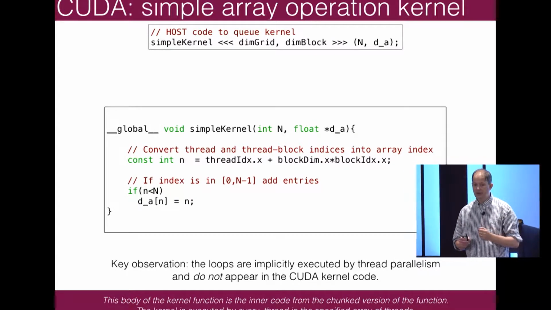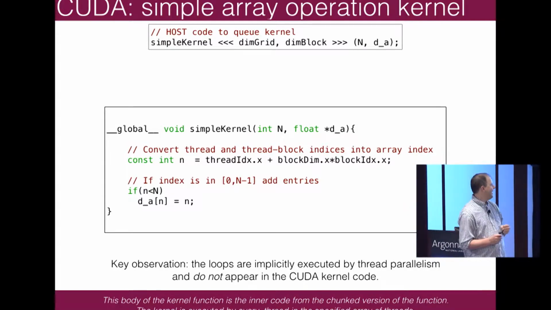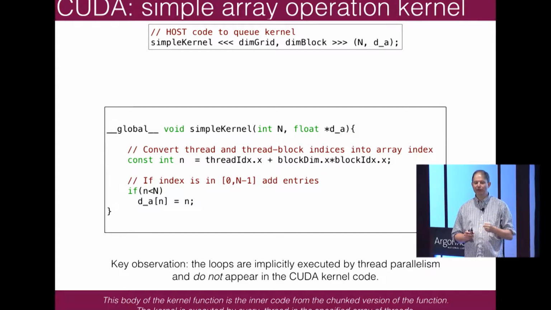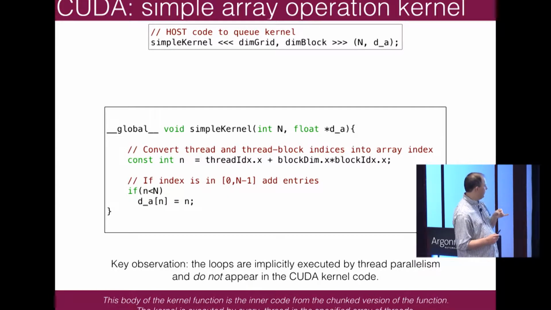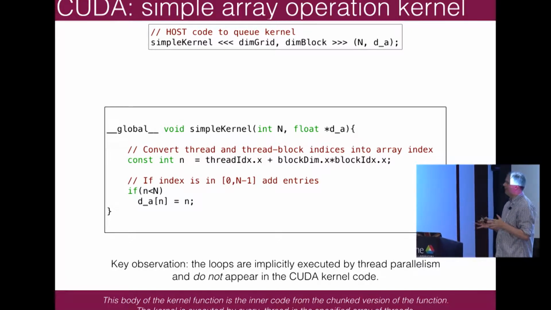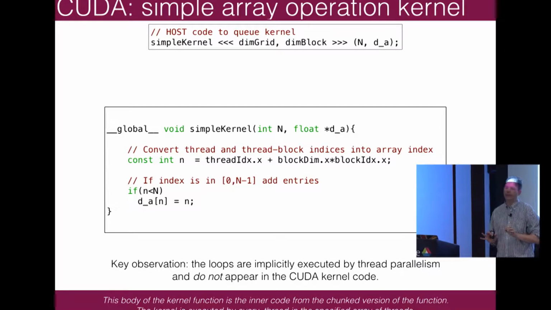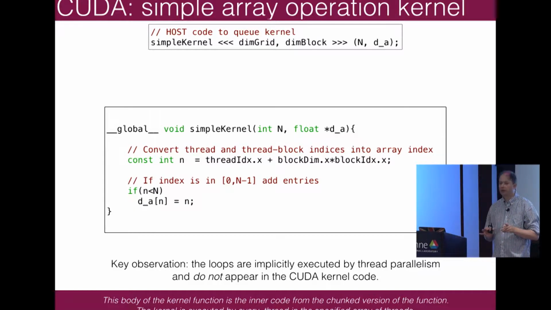Yes? Question, what determines the value of block dim? Fantastic question. We'll fix that in a moment when we go back to the real regular code. It is another piece of daft CUDA syntax that will let us specify the block dim, the grid dim, and so on. Okay? So the question is, how do you specify how many threads per block? Well, I'll show you how to do that in a second. Anybody else? Great question.